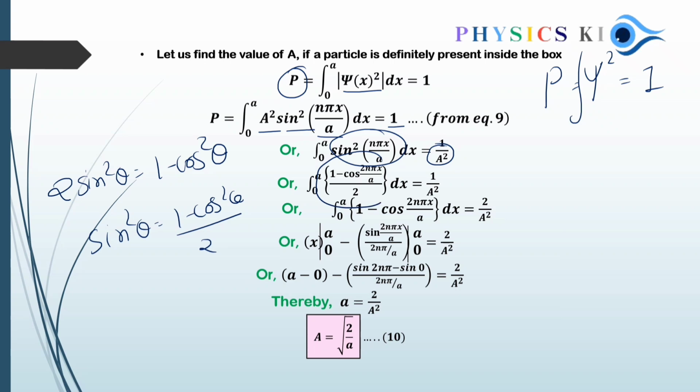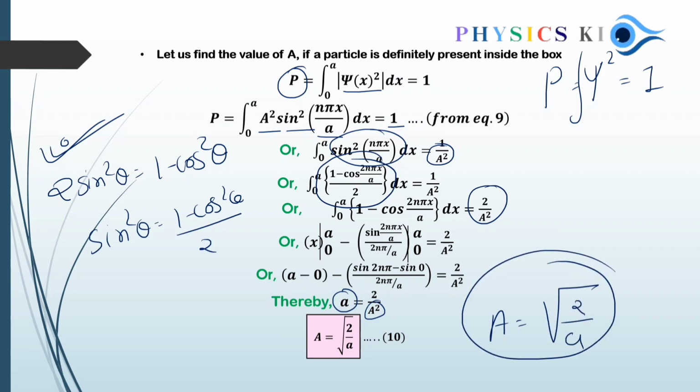Using this trigonometry equation, the 2 is multiplied to the other side, simplify it and take the integration. The only unknown is A, and we find the A value: A is root 2 by a.